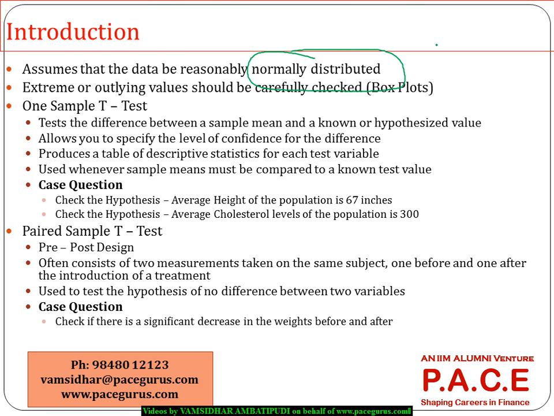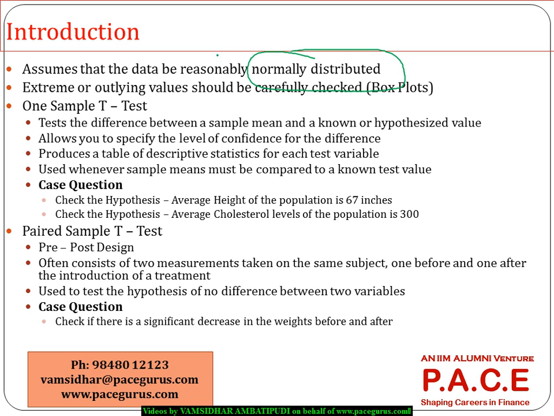That is the reason we have stressed a lot in our earlier sessions on the normality in the data. The reason being, if I have to make some kind of conclusion about the mean or the variance or any of the typical calculations, it is assumed that the data is more or less normally distributed.